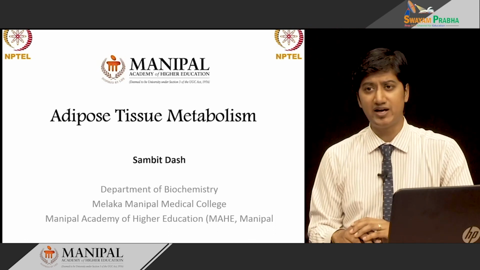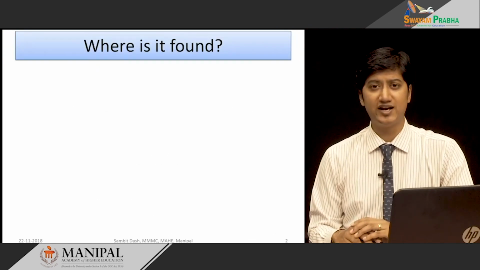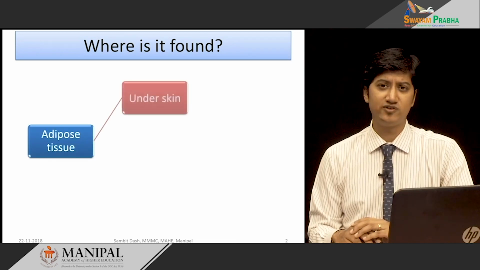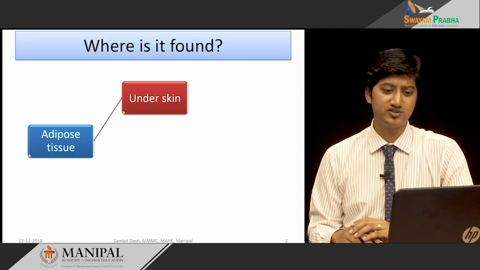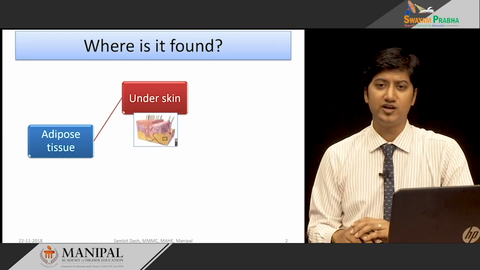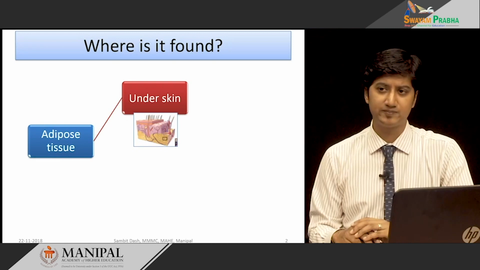Let us begin by asking this question: where is adipose tissue found? Adipose tissue is largely found in the subcutaneous region under the skin, and that comprises 80% of body fat.